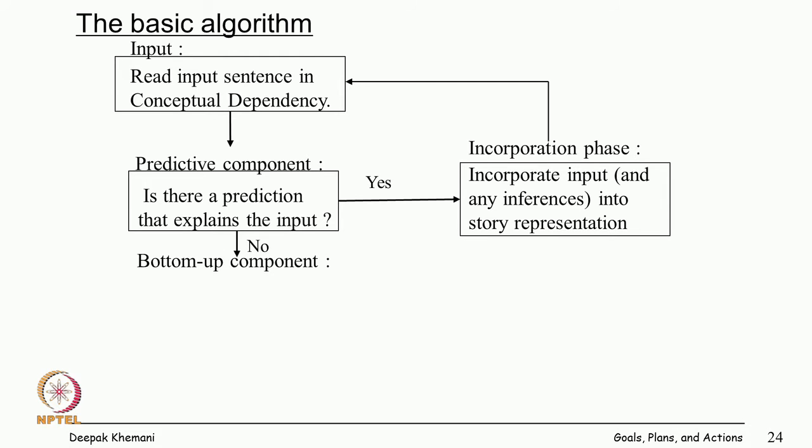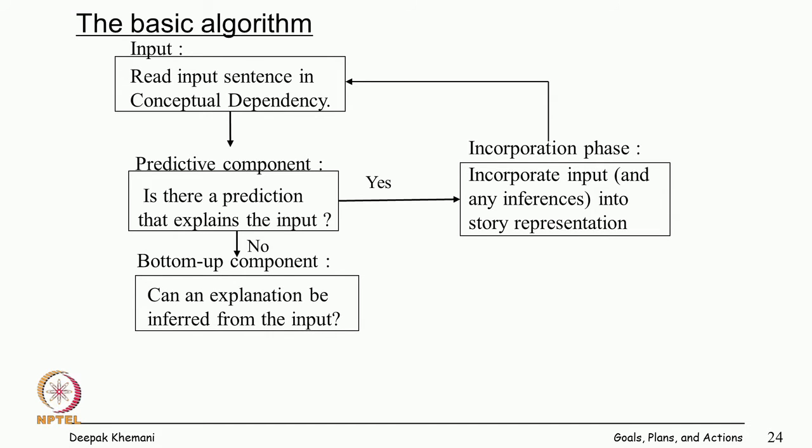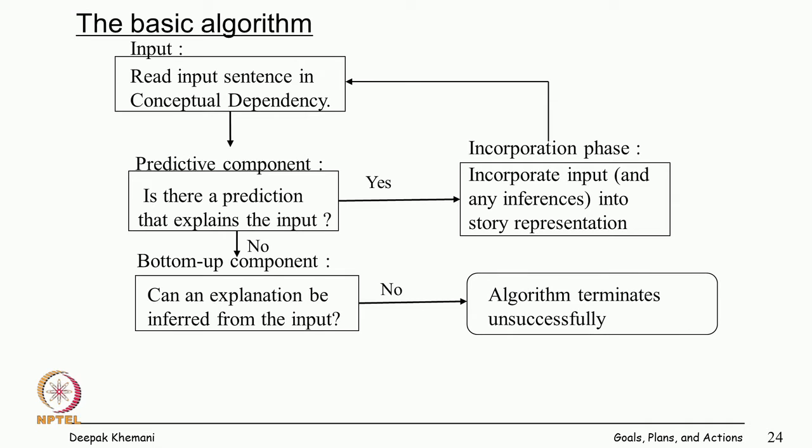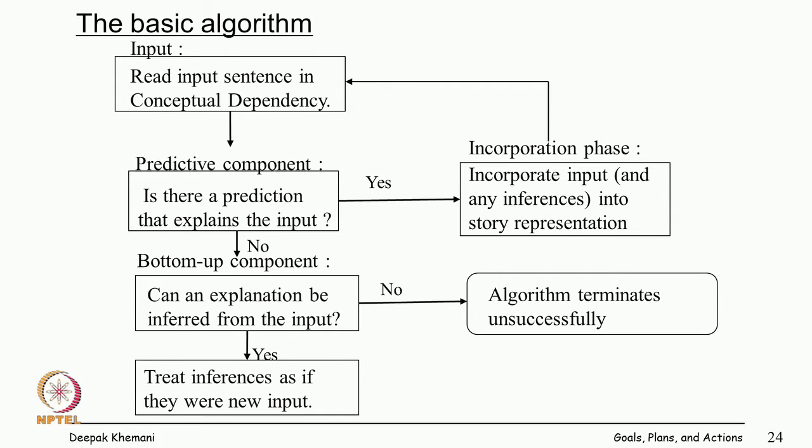But if the predictive component does not succeed, that you are not able to match the input to something that was predicted, you go into the bottom up component and say, can you generate an explanation from the input which might match essentially. If you cannot generate, then the algorithm terminates unsuccessfully, but if you can generate the inference, treat the inferences as if they were the input and send them to the predictive phase.